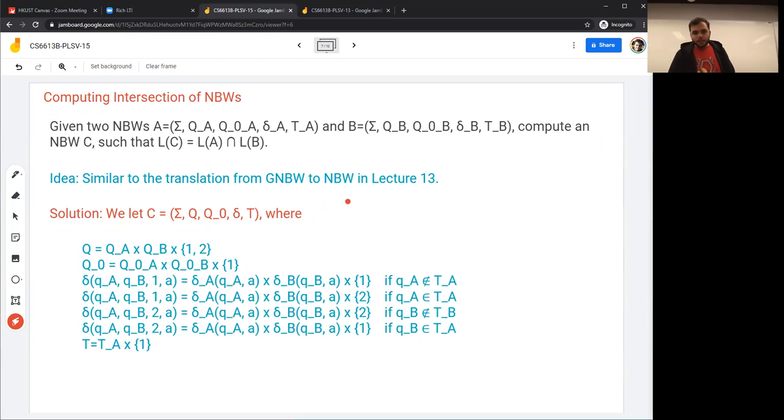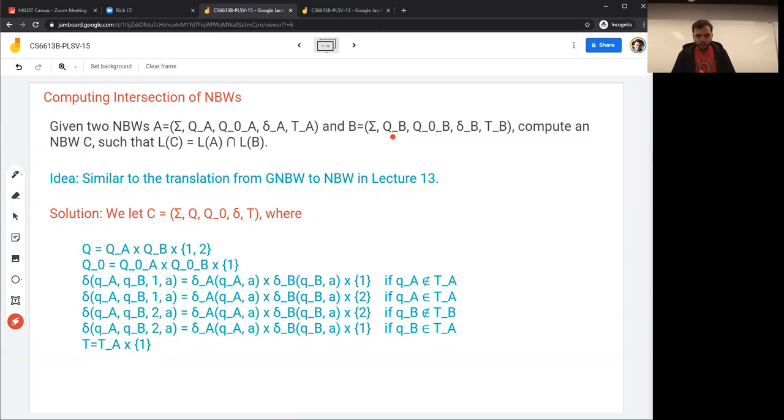But there's also some other complication here, which is that the set of states is also different. So I cannot just assume that the set of states of A is equal to the set of states of B. What can I do? I can just take the product automaton and simulate both A and B at the same time.